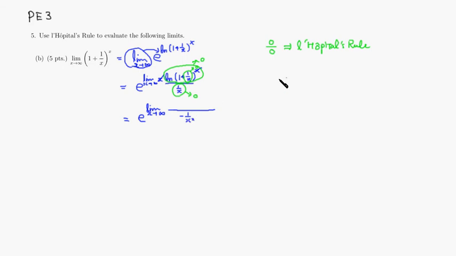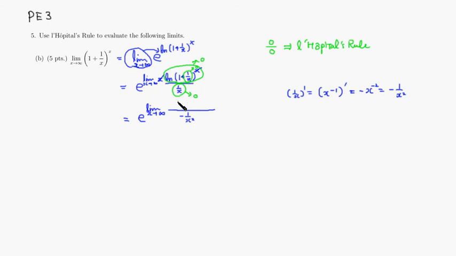I'm just doing it as 1 over x is the same thing as x to the negative 1. Take the derivative: negative 1 in front, subtract 1 from the power, which gives negative 1 over x squared.